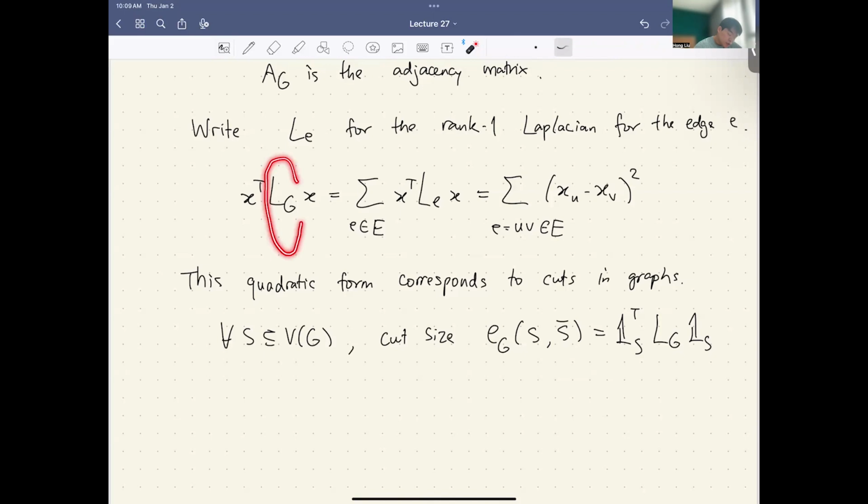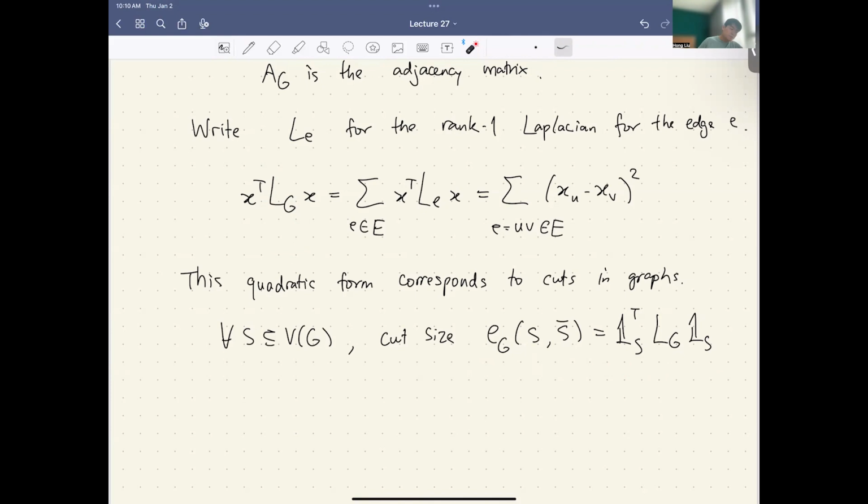What we want to do is find a sparse substitute with few edges, so that this sparser substitute, in terms of all different cuts, can approximate the original graph pretty well.